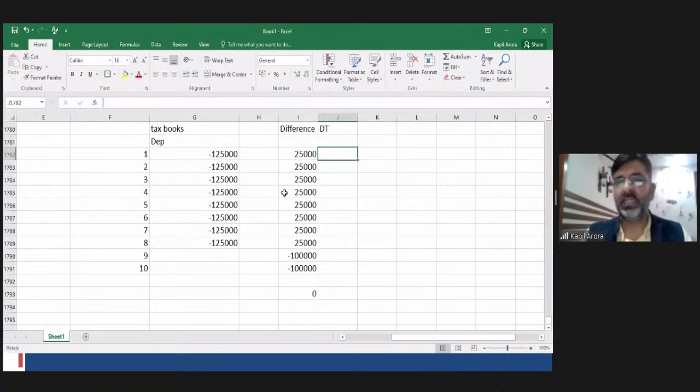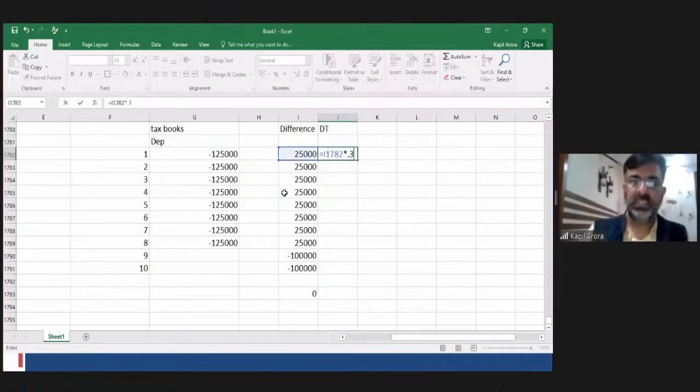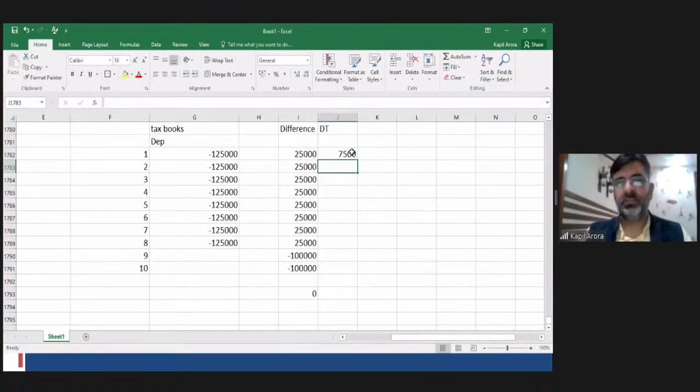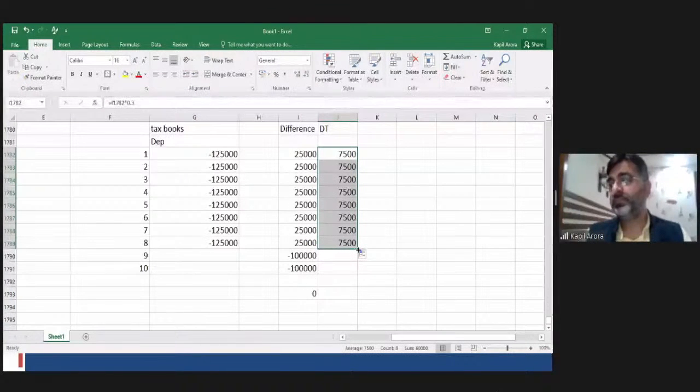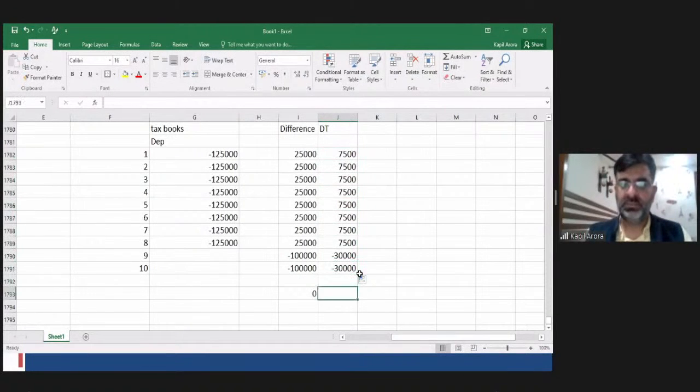What is the tax rate? The tax rate is 30%, so this into 30%. So 7,500 year on year up to 8 years. Then from year 9, 30,000 will reverse and 30,000 will reverse. So this becomes 0 again at the end of the period.